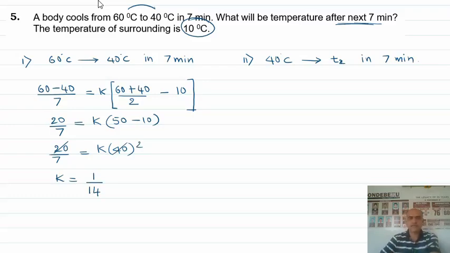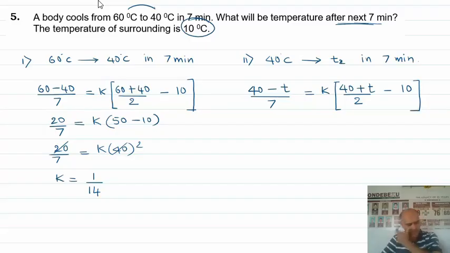Now apply it to the second case. Temperature difference of body is 40 minus t. I don't know the value of t. So 40 minus t divided by 7 is equal to K into bracket average temperature 40 plus t divided by 2 minus temperature of surrounding, 10. Now simplify this and you will have the answer.